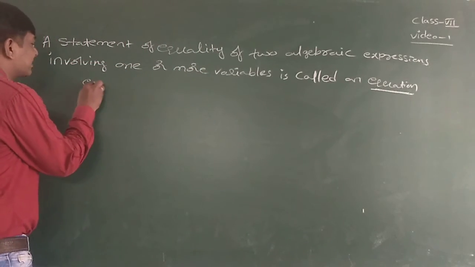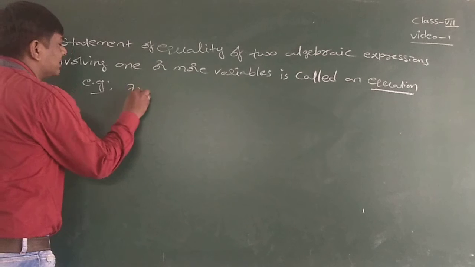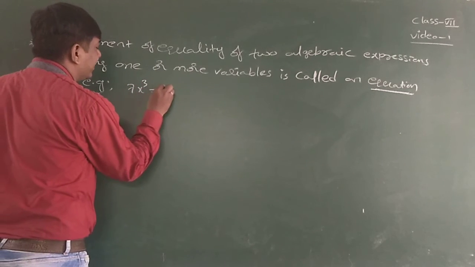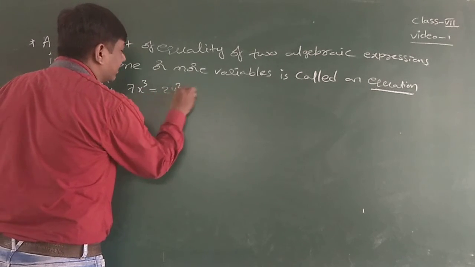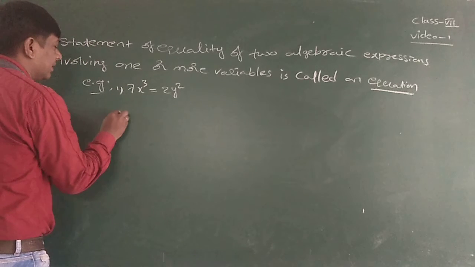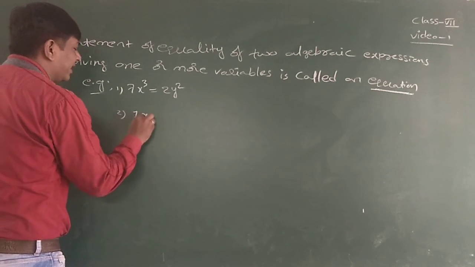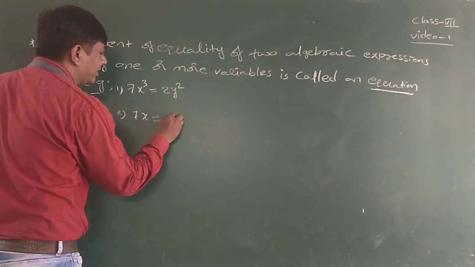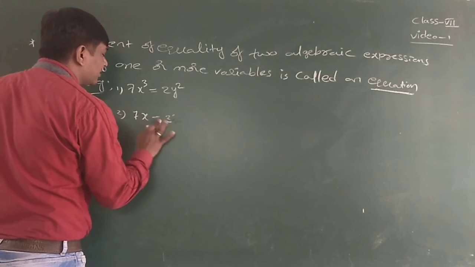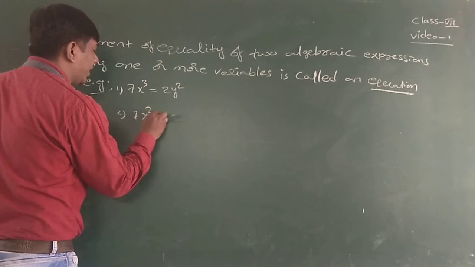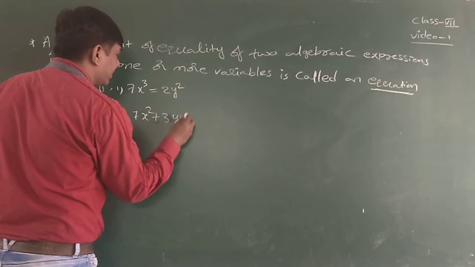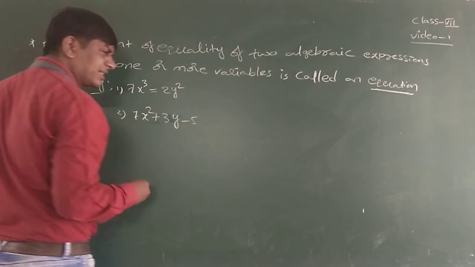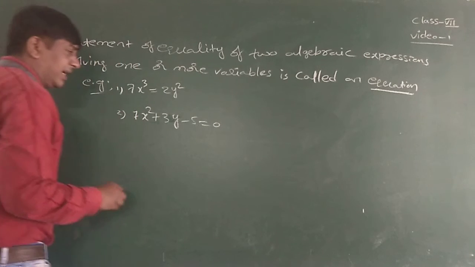See here, an example of an equation is 7x cube is equal to 2y square. This is an equation. Another one is 7x square plus 3y minus 5 is equal to 0.